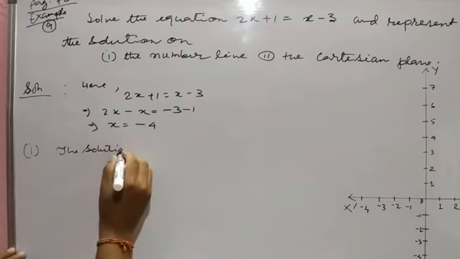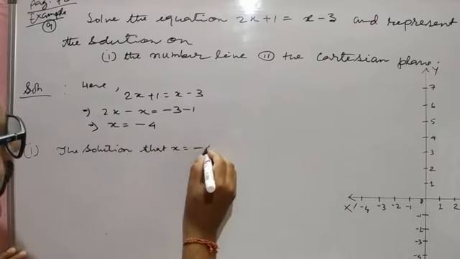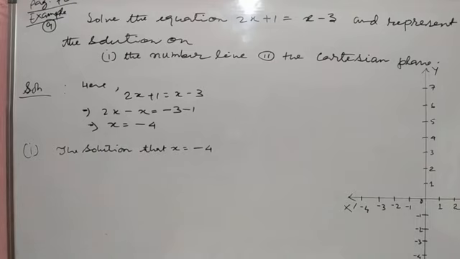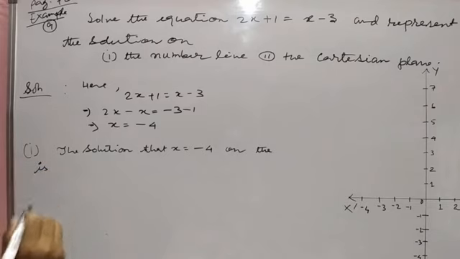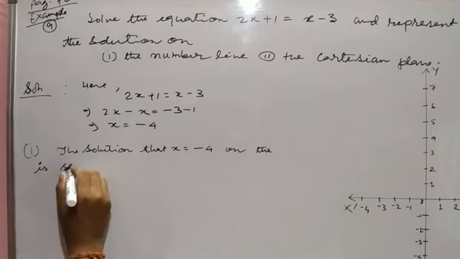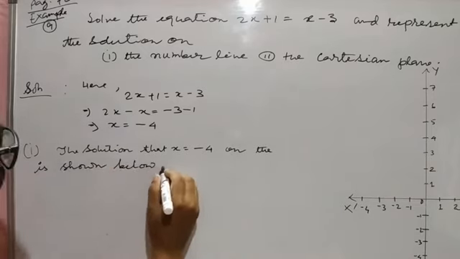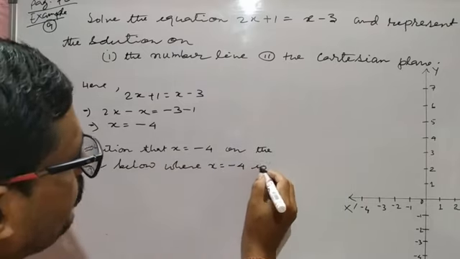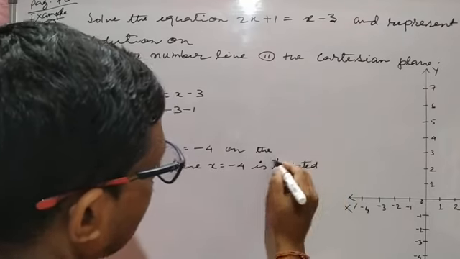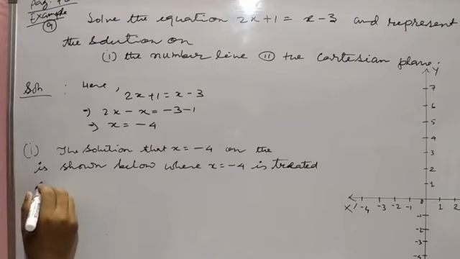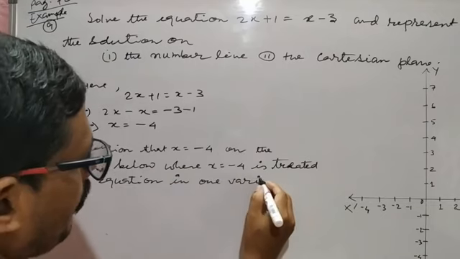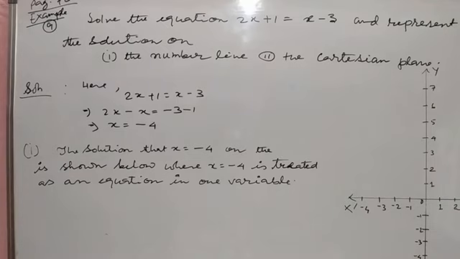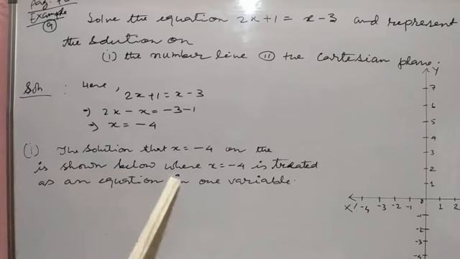The solution, that is x equal to minus 4 on the number line, is shown below, where x equal to minus 4 is treated as an equation in one variable.